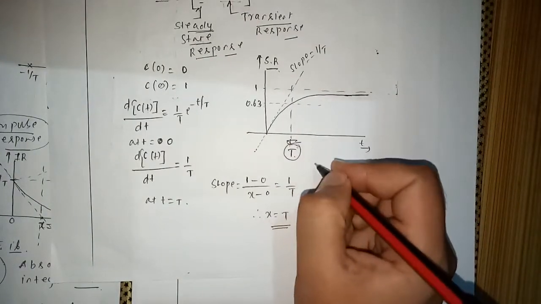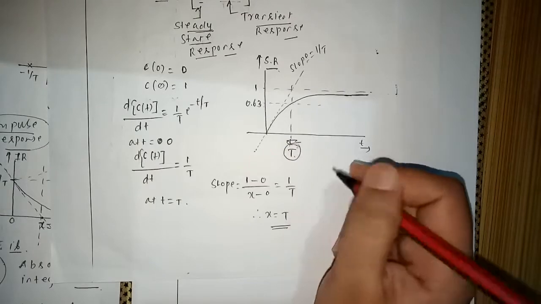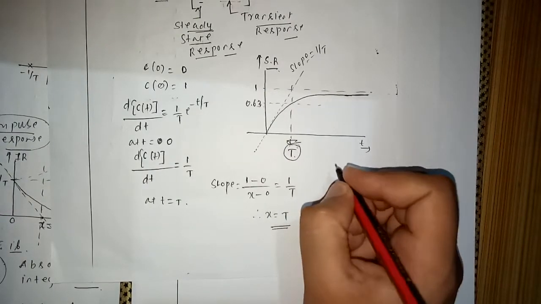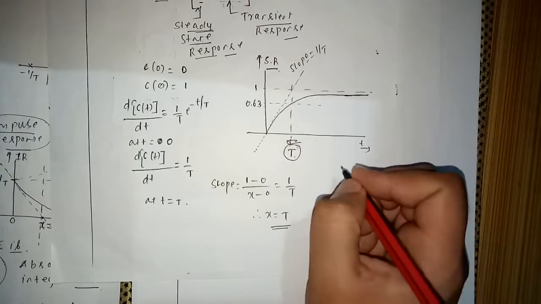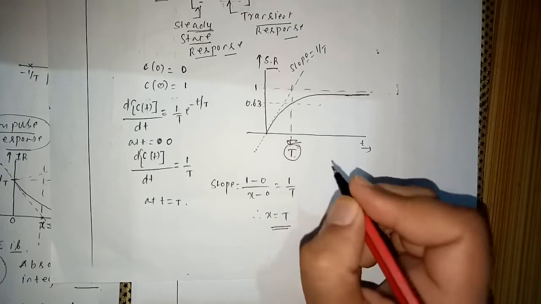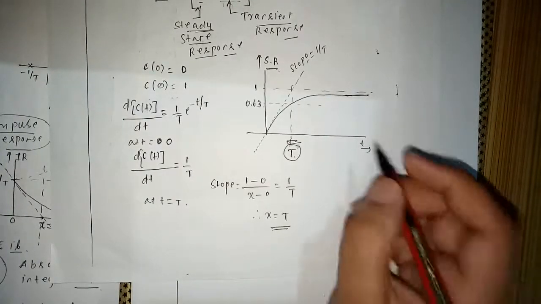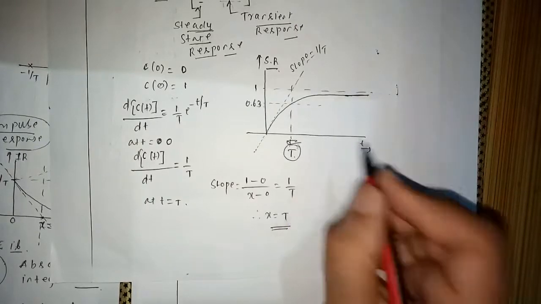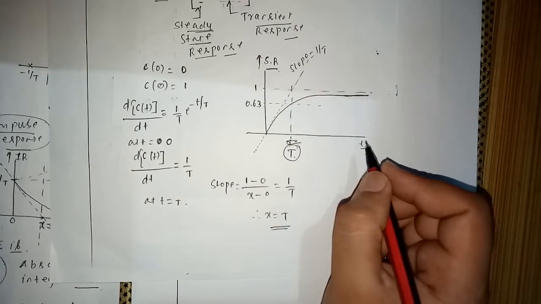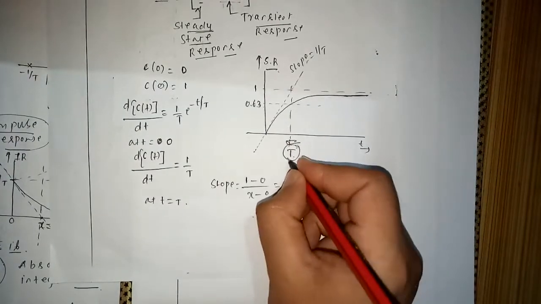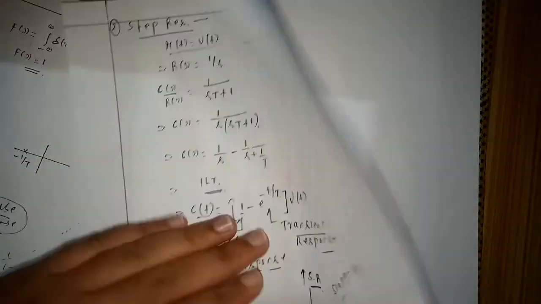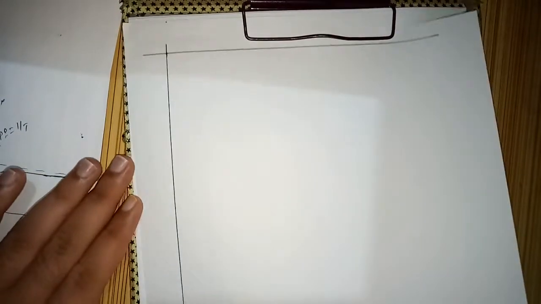Time constant is defined as the time taken by the step response of a system to reach 63% of its final value. That's the definition of time constant. In terms of impulse response we have defined it, and now I have defined it in terms of step response.